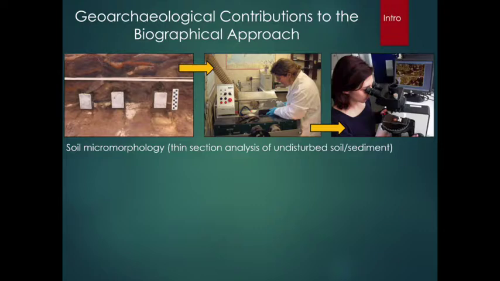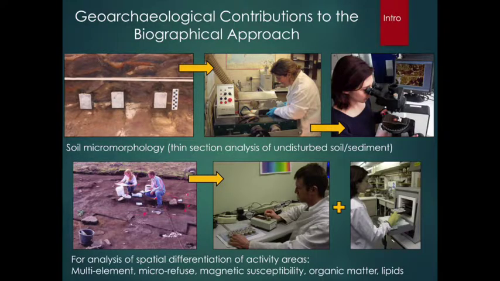But there are other techniques that we use as well for looking at horizontal differences in the use of space, looking at different activity areas in the occupation of a site. So you might sample on a grid, as my colleagues are doing here at a site called Svegakot in Iceland, and then use these bulk samples to analyze things like magnetic susceptibility, being done here by my colleague Andre Balbo.